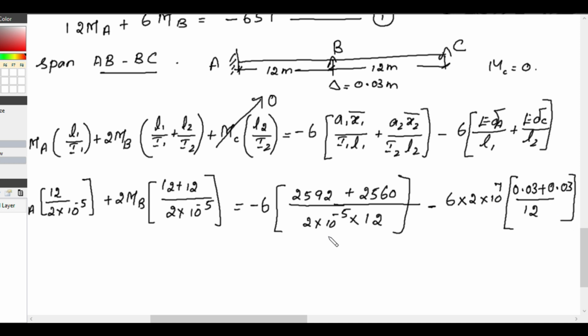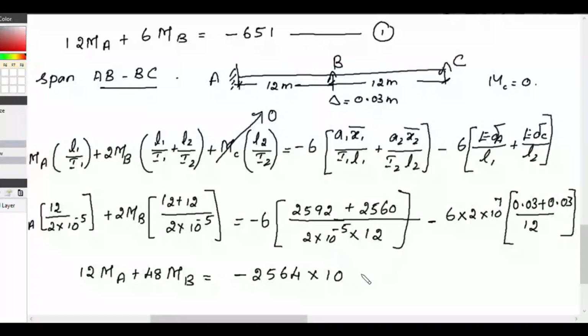So substituting the values, we get 12 MA plus 48 MB is equal to minus 2564 into 10. So this becomes our equation number 2.